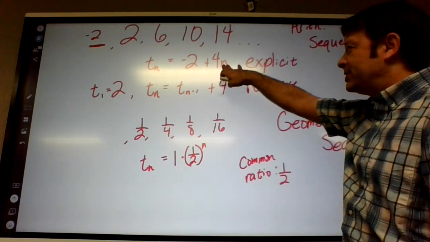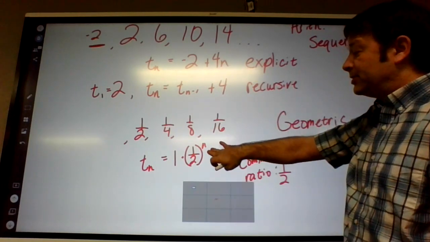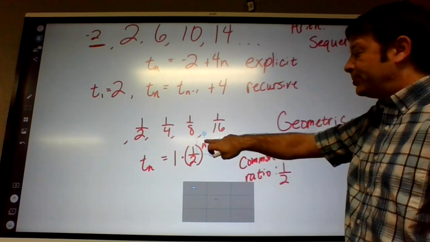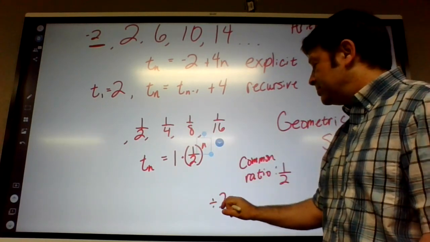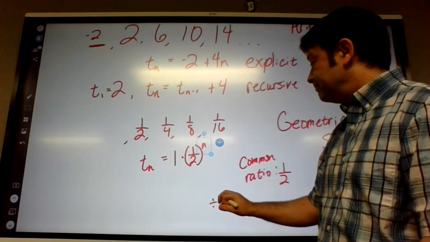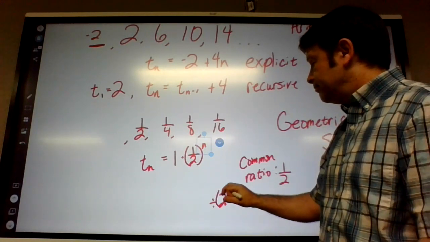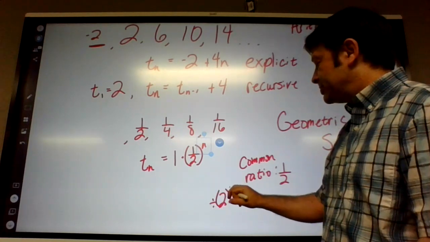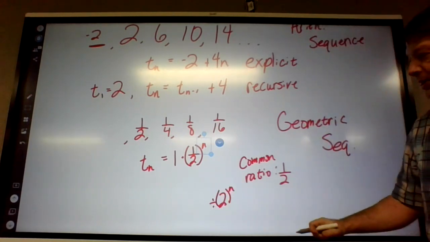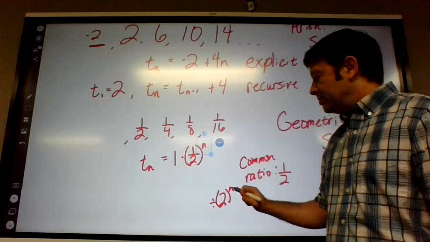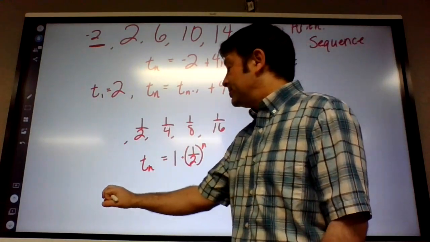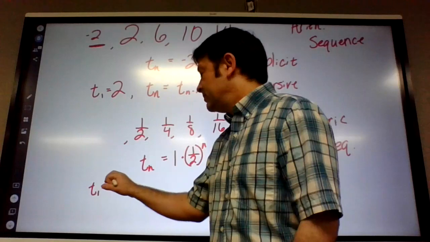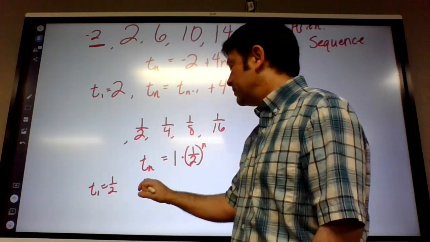So anyway, on explicit arithmetic, it looks like this. On geometric, it looks like this. When you want to multiply the same value, or if you put divide by 2, we don't really need parentheses there. All right, and then the recursive is define the first term, it's 1/2.